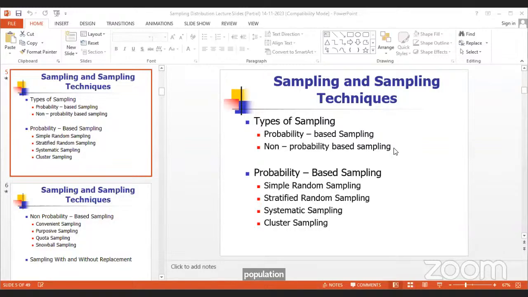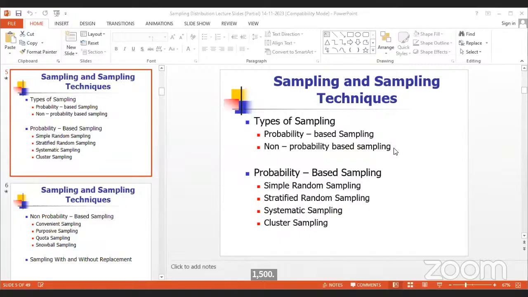Population size is the number of units in the population. So it's a definite figure: 200, 300, 1,005. That's the population size.